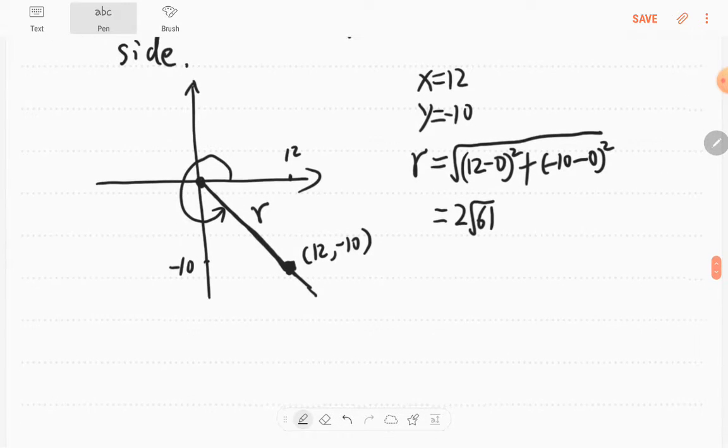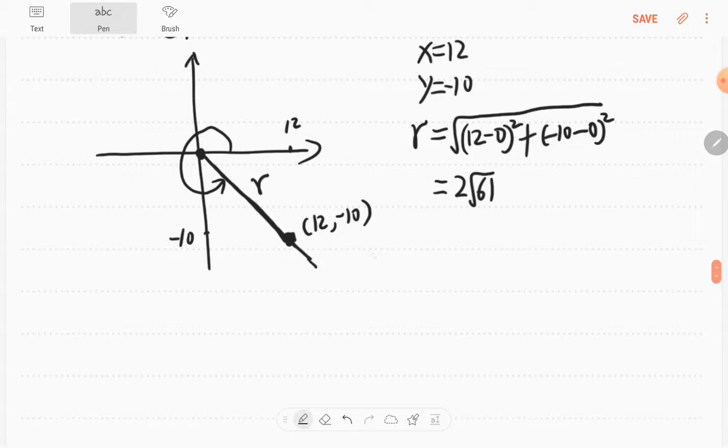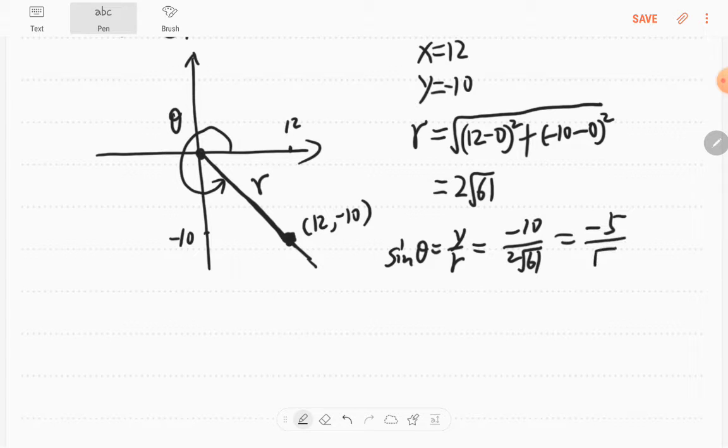So now we can calculate the trig functions. Sine theta equals y over r, so negative 10 over 2 square root 61, which simplifies to negative 5 over square root 61.